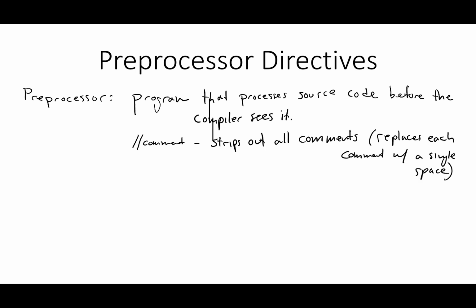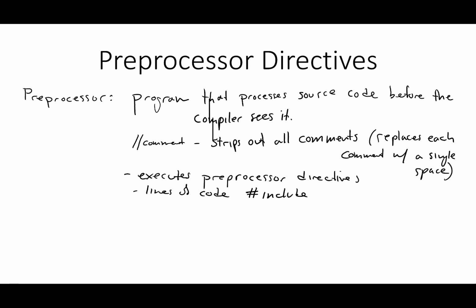Then after it strips out the comments, the preprocessor executes the preprocessor directives. The preprocessor directives are lines of code that start with this pound, or I guess hash nowadays. The most common one, the one that we're going to see in this class, is the #include, and then there's going to be some file name in here.